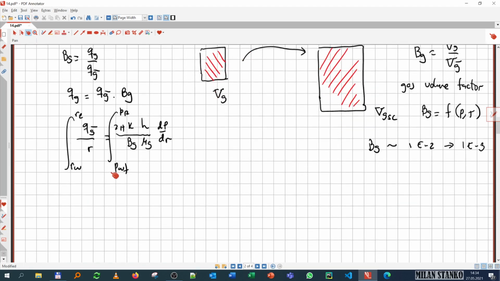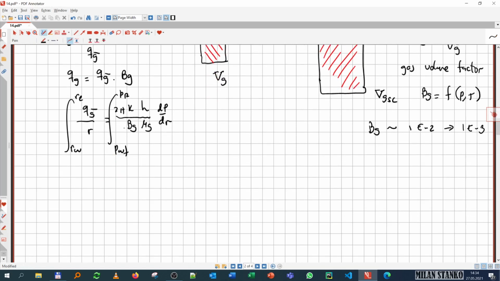Okay, so we end up with an equation which is very similar to our oil IPR. So we have the ln of Re divided by Rw minus 0.75. This is pseudo steady state.